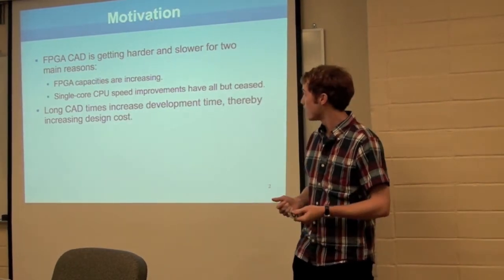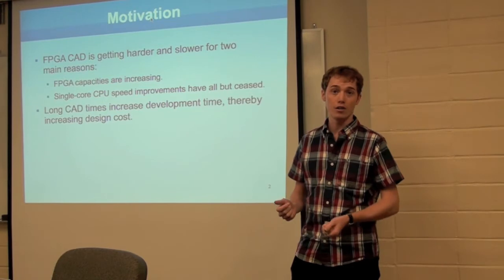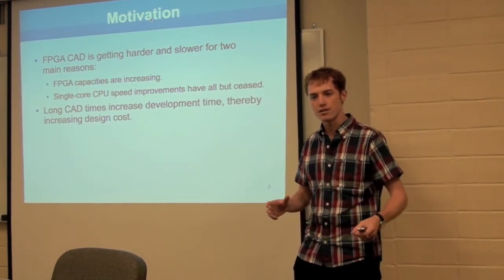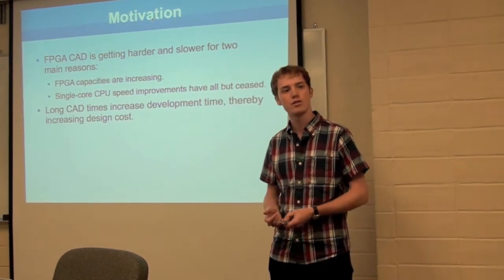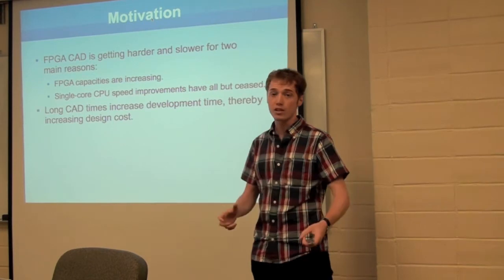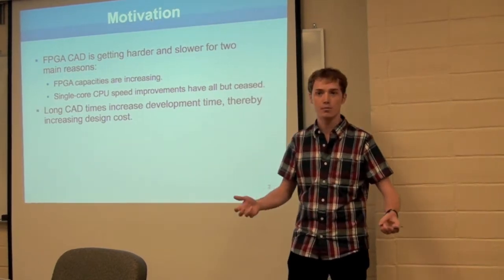So FPGA CAD is getting harder and slower for two main reasons. One is that the FPGA capacities themselves are growing with every process generation, and so the designs that are being put on the FPGAs are getting larger, which means bigger CAD problems.